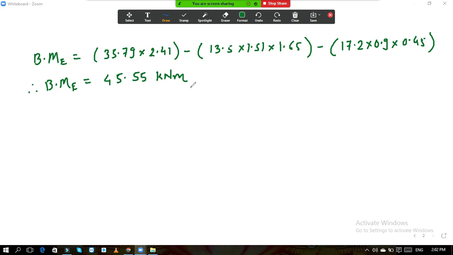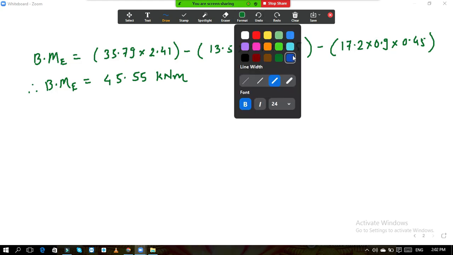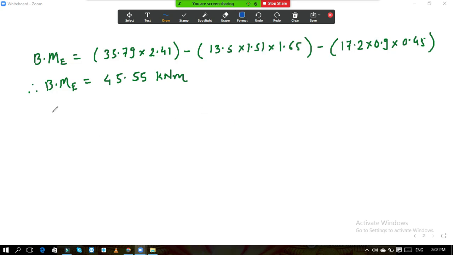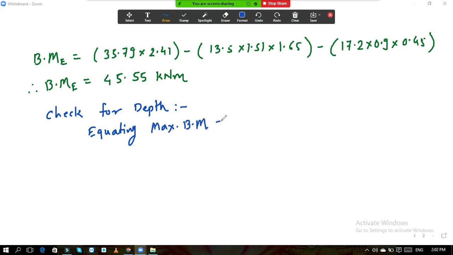After calculation of the bending moment, we will take the check for depth. Check for depth. So equating the maximum bending moment to the moment of resistance.